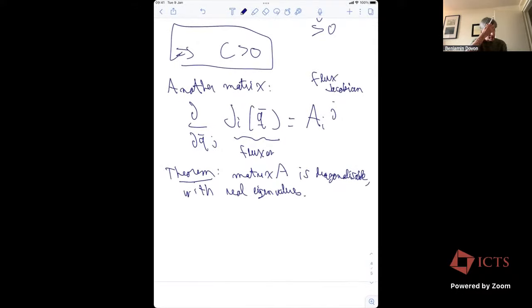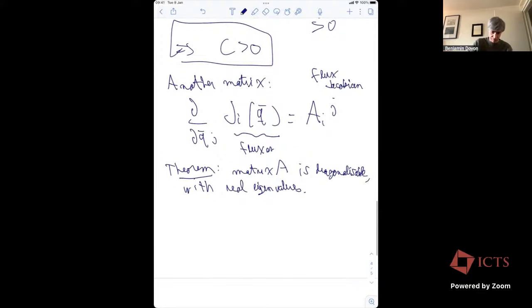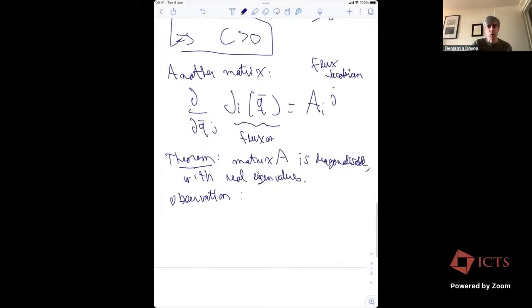It's a very simple way to show this theorem, and it's based on a beautiful observation. I construct another matrix, B, with two indices down: B_ij = A^k_i C_kj.